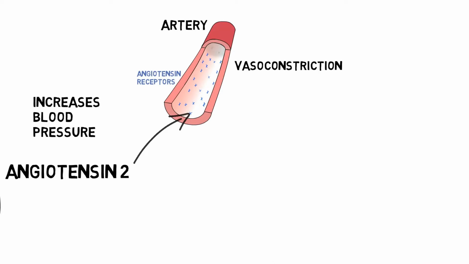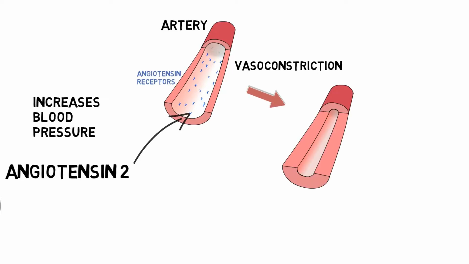Vasoconstriction is very important in blood pressure because once the artery goes from this wide to this much narrower lumen, the blood moves faster through narrow arteries. Basically, the heart has to pump harder and faster to get the same amount of blood through that narrowed artery.